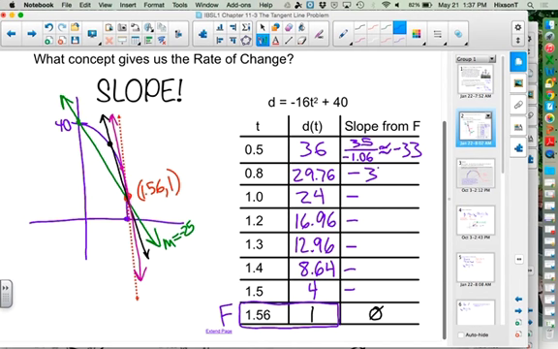Negative 41.1. Negative 44.3. Negative 46. Negative 47.75. And negative 50. So you could say it's going a little faster than 50 feet per second.